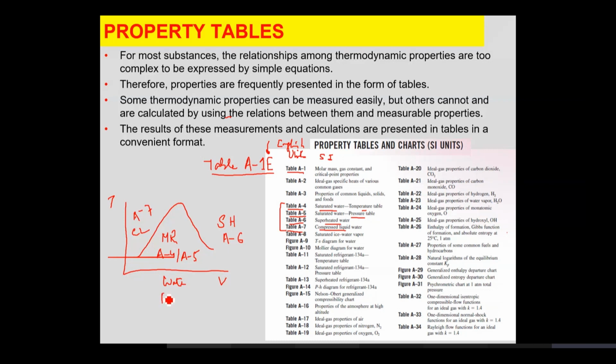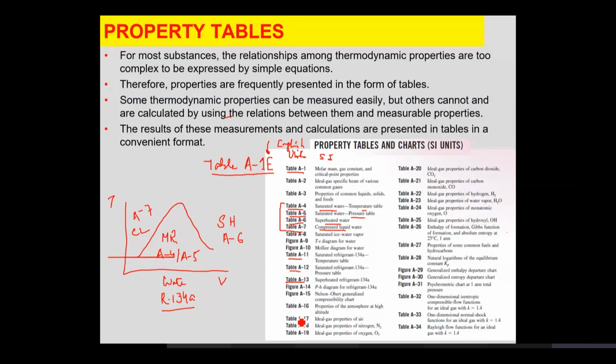When you have a different refrigerant, let's say R134A, which is a refrigerant used in refrigeration cycles, you have different tables. Tables A11 and A12 are the temperature and pressure tables for saturated refrigerant, that is the mixed region, and table A13 is for the superheated region.